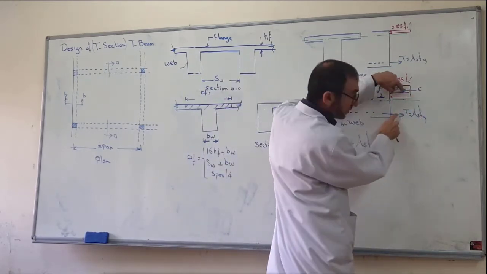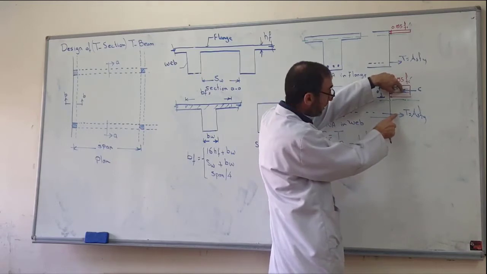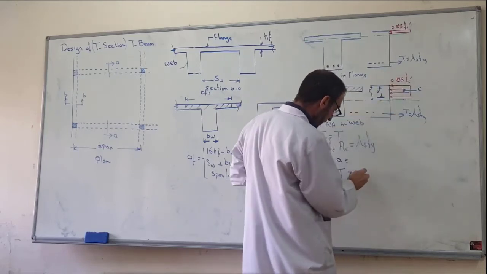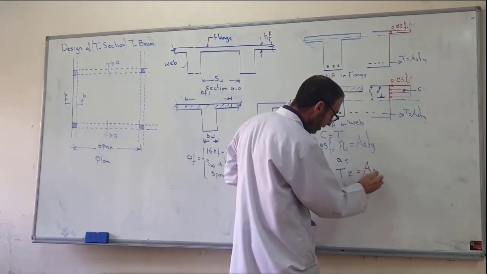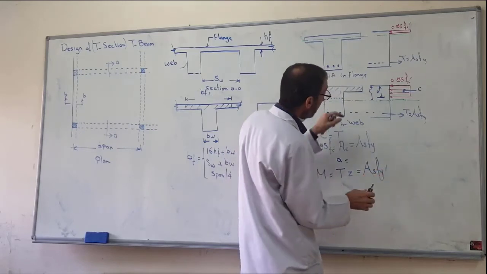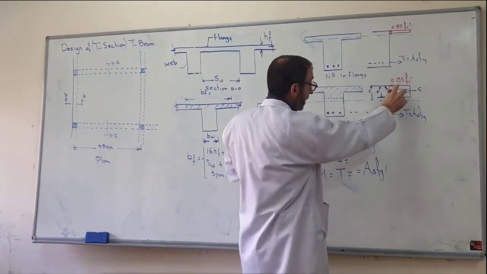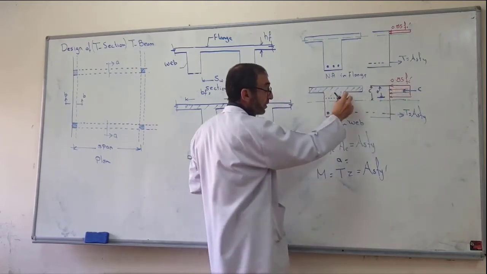This distance we call Z, between C and T. The lever arm, where T equals AS FY.